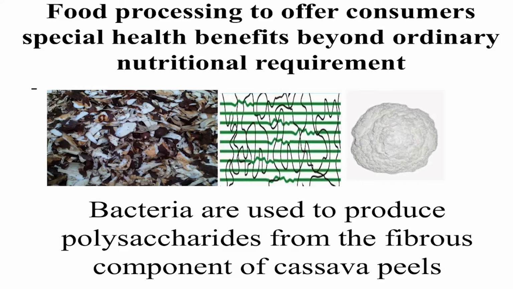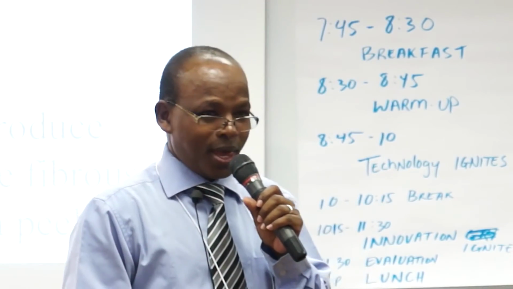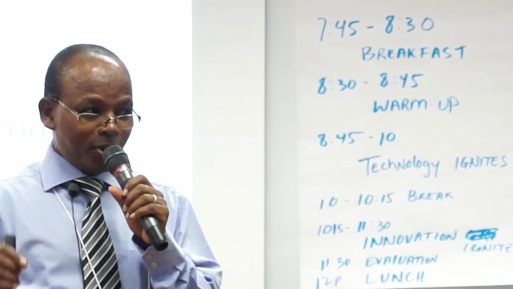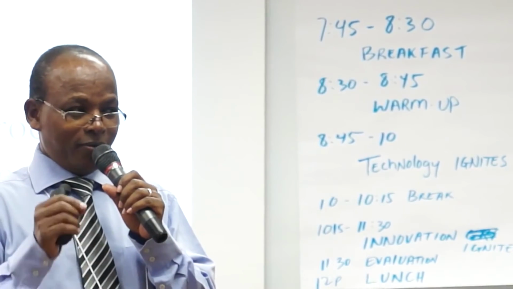Furthermore, the fibrous part of the peels, we intend to convert into polysaccharides, which are actually prebiotics, to fortify the cassava flour to produce a functional food product. These prebiotics have been reported to have a lot of health benefits, including prevention of colonic cancer.